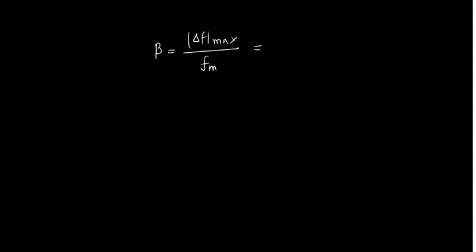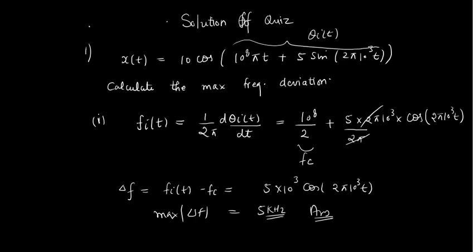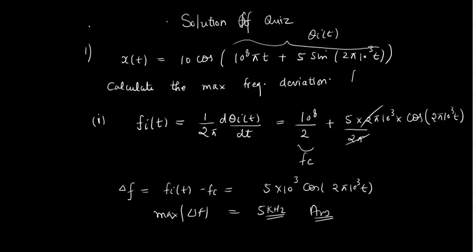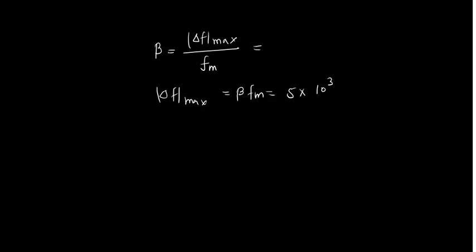So delta F max is beta Fm. Here beta is 5 and Fm is 10^3. So of course the answer is 5 kilohertz.